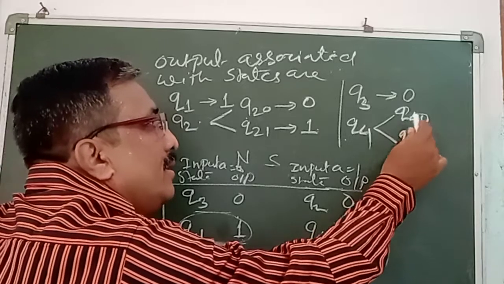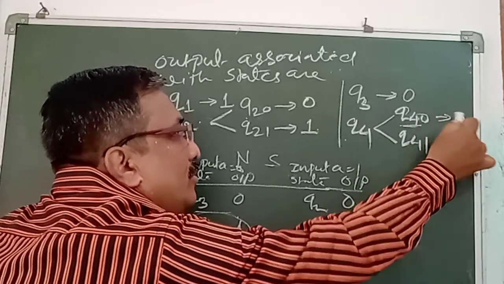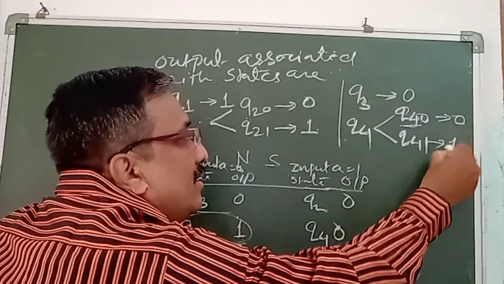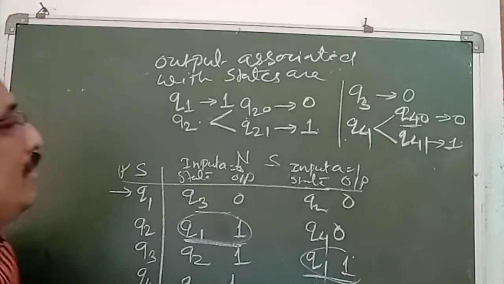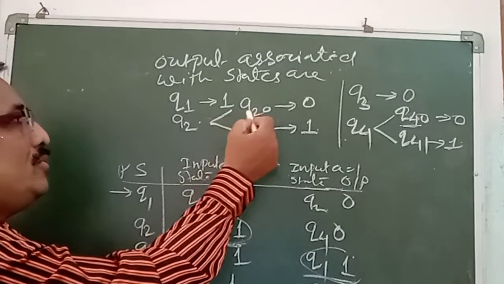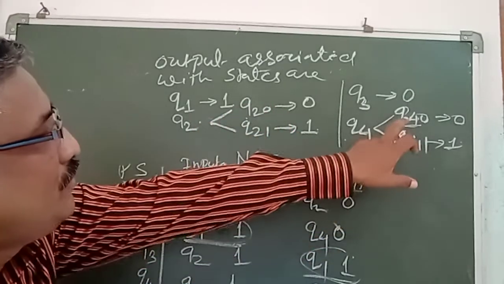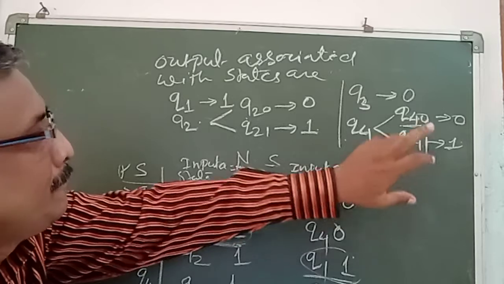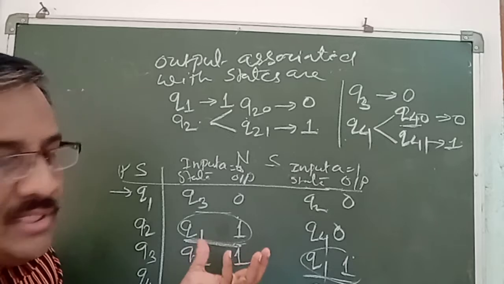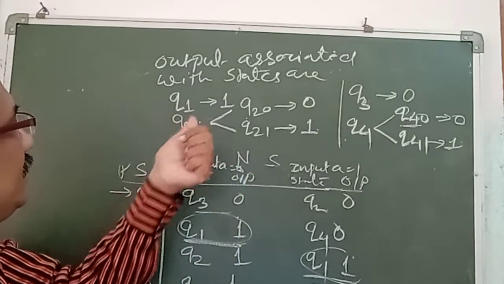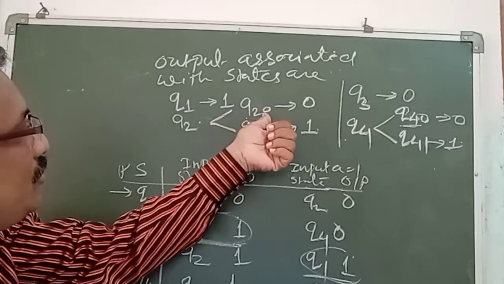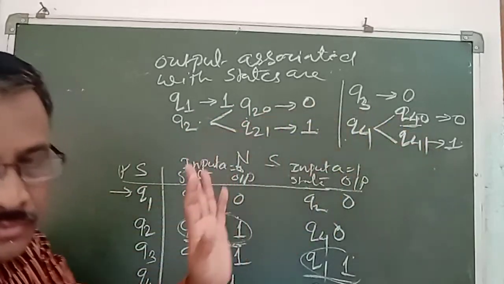Output of state Q4 0 is 0 and output associated with state Q4 1 will be 1. Now we split the state Q2 into two states Q2 0 and Q2 1 and Q4 into Q4 0 and Q4 1. That means we have to write another intermediate table.